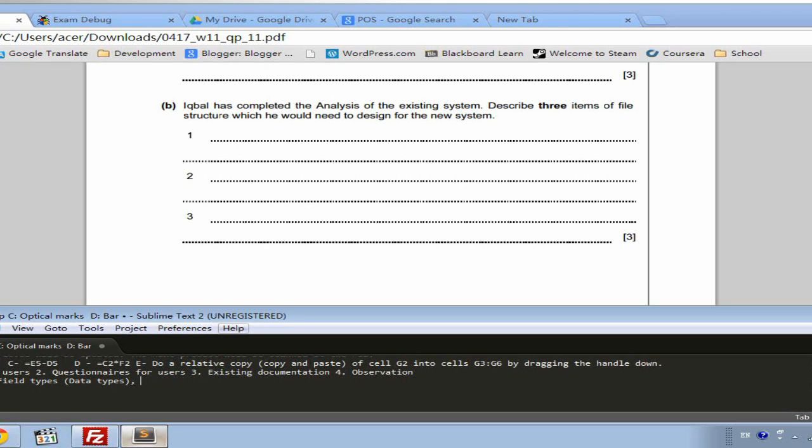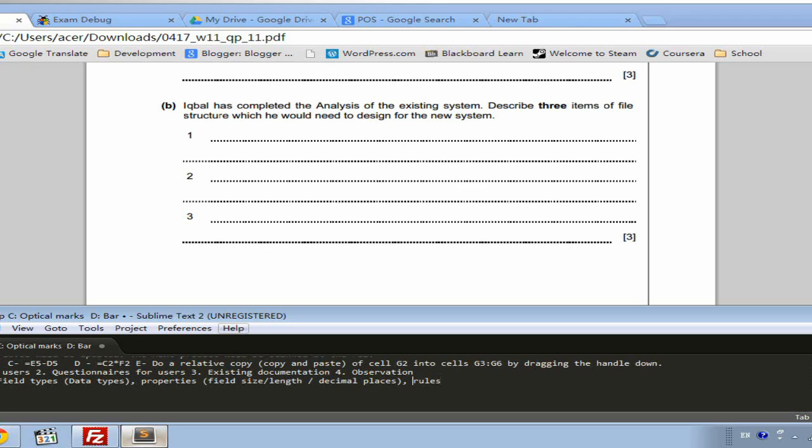We could have properties like the field size, or decimal places, etc. We could have the rows we're going to have.